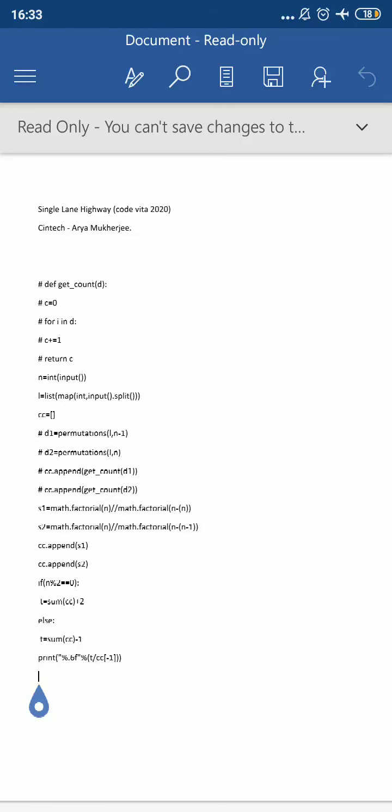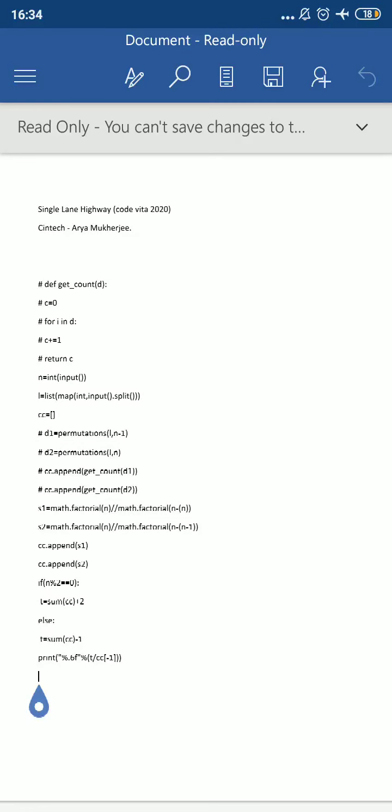The question is that the user has to input the speeds of the vehicles separated by a space.